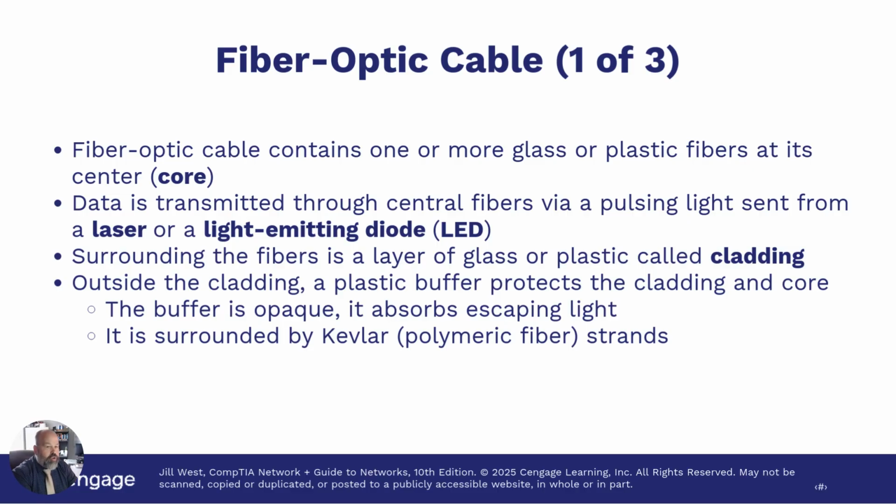The core is surrounded by cladding, which is a different type of glass, then a plastic buffer that absorbs escaping light, and finally Kevlar strands for strength. And yes, it is the same Kevlar that's used in bulletproof vests, because fiber optic cable doesn't mess around.